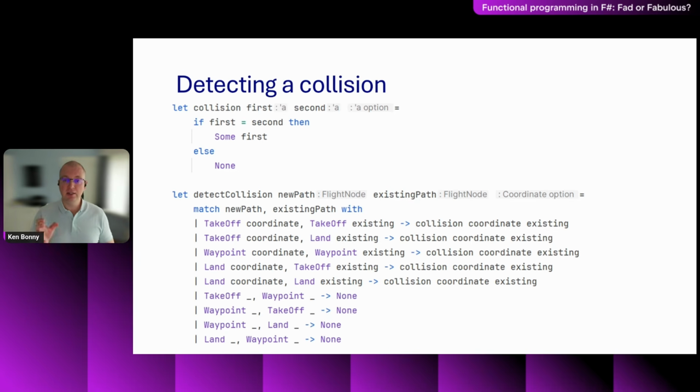And lastly, in the collision function at the top, we are just comparing the first and the second item, in this case, both coordinates, and F# uses value comparison instead of referential comparison to match on objects.